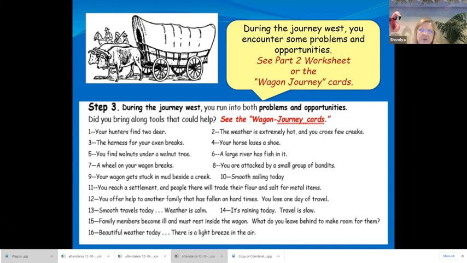I know there are some online games and things like that. So they do get into it, and they start to see where they're headed, and what kind of consequences happen along the way. Is it a smooth traveling day, or are they robbed? Do they lose a wagon wheel?